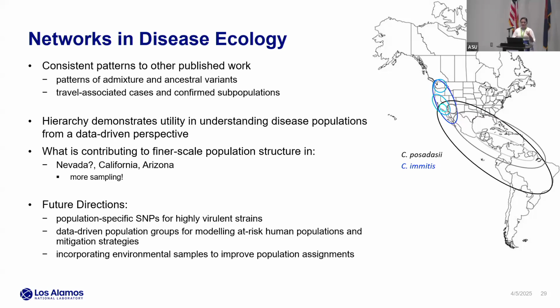And we also identified finer scale population structure that could be informative, but we definitely need to follow up on that because, for example, we could use this network analysis to group samples into populations and then use those populations as a variable in our environmental modeling, to see if that either improves the model or identifies particular areas or variants that maybe are virulent or associated with higher heat tolerance or things like that.